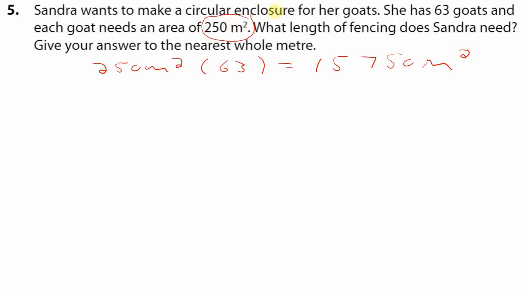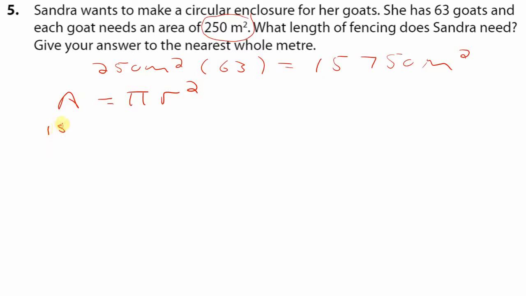So now we need the circular enclosure with that area. We know area is pi radius squared. So we can now first determine the radius. So we know the area.